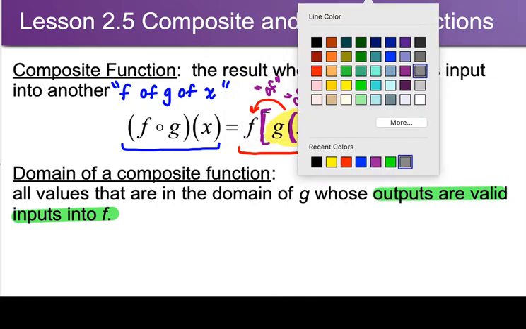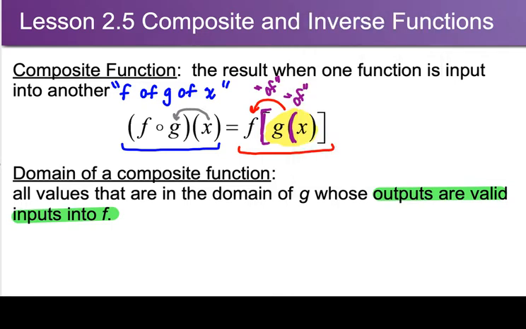So we put a value into g that's allowed to go into g. And then only those values that go into g that provide outputs that are allowed to go into f. So these outputs that go into f are the only ones that are allowed.